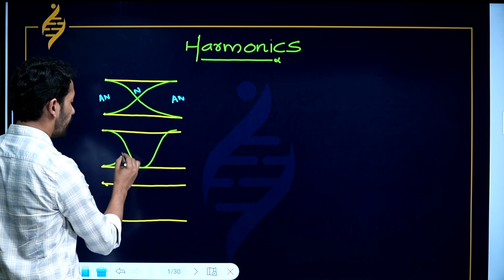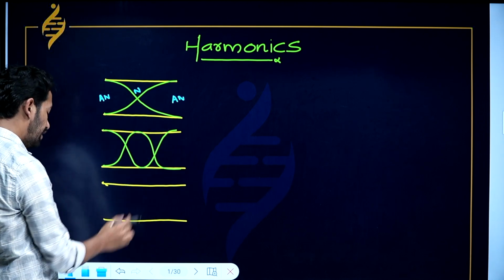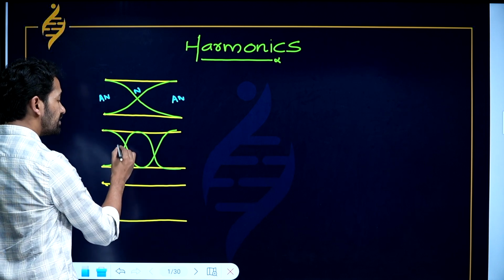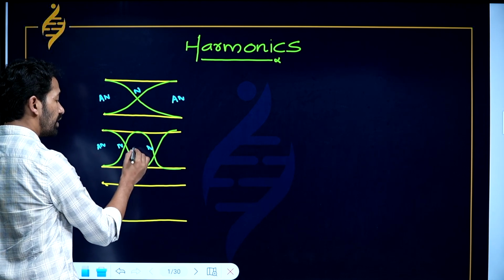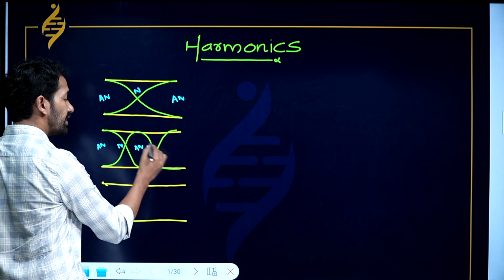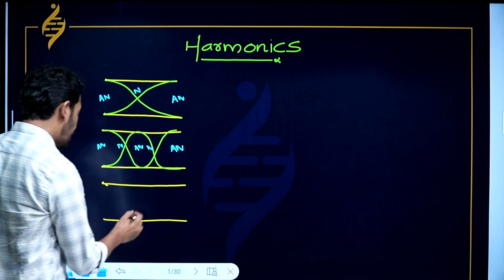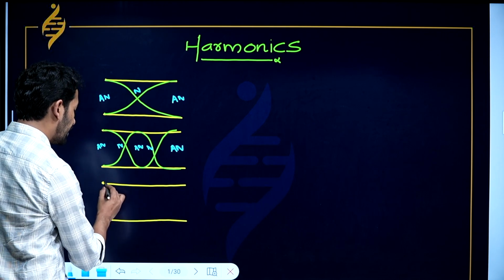Here I had one node and two antinodes. Now what about the second case? In the second case I am having two nodes and three antinodes. Now what about the third case?